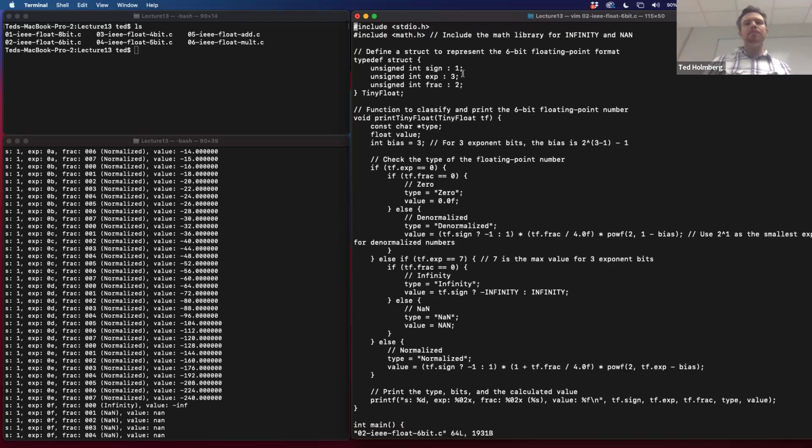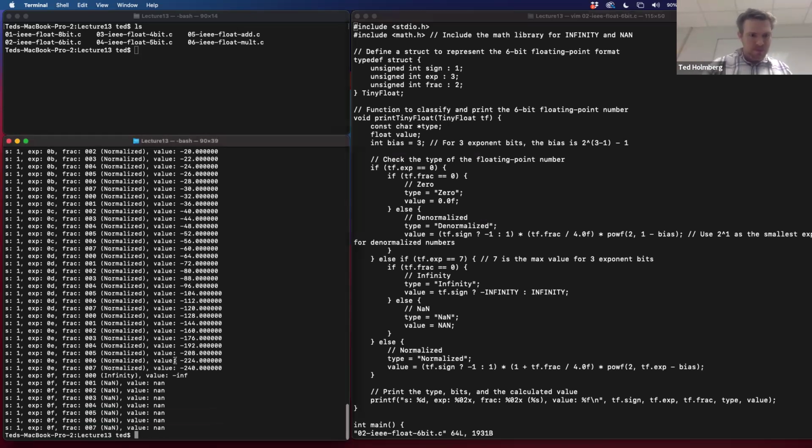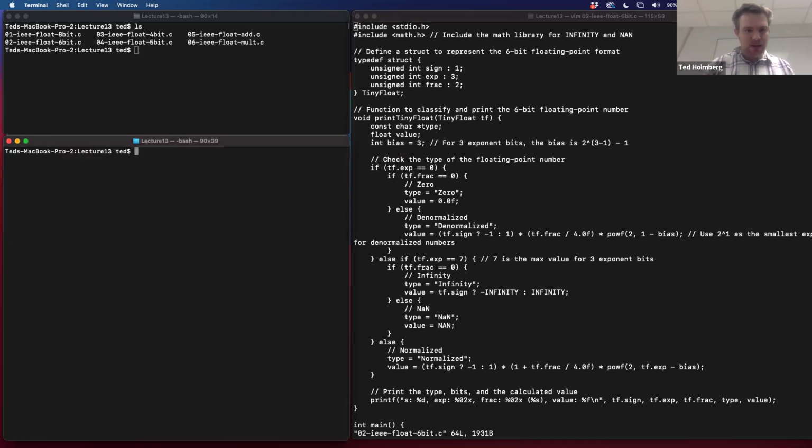Looking at 6-bit, suppose then I want my sign bit to be 1 bit of encoding space, I want my exponential to be 3 bits, and I want my fractional to be 2 bits. So let's clear this and call this 6-bit.